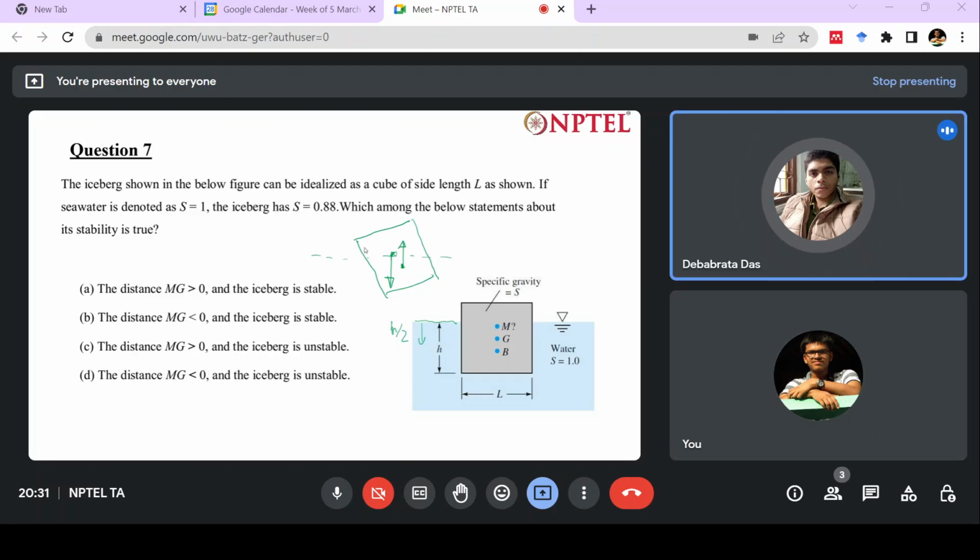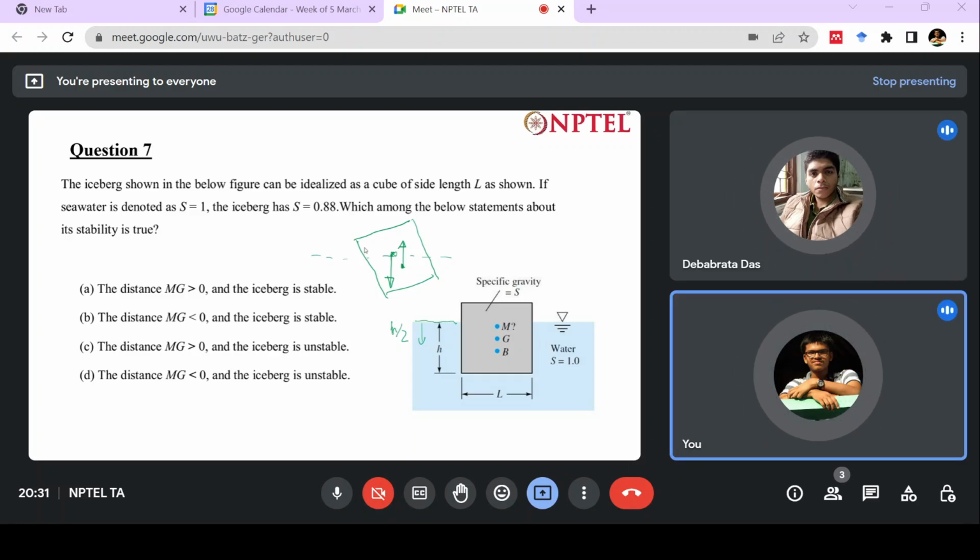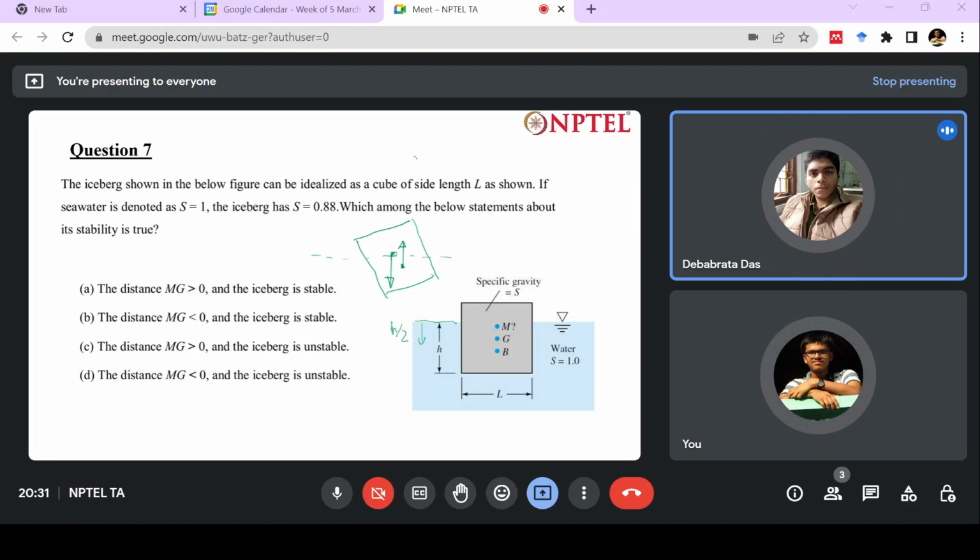Because if we provide a torque, it will give a counter torque in the opposite direction. That is correct. So I have drawn this figure in the green colored pen.